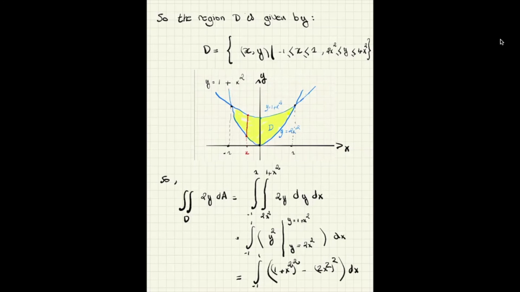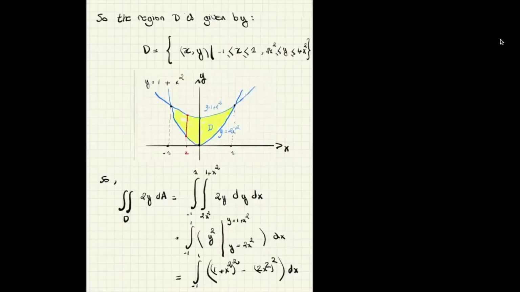Okay, use the same trick. Okay, so this is 1 and this. Oops. Okay, y is smaller.